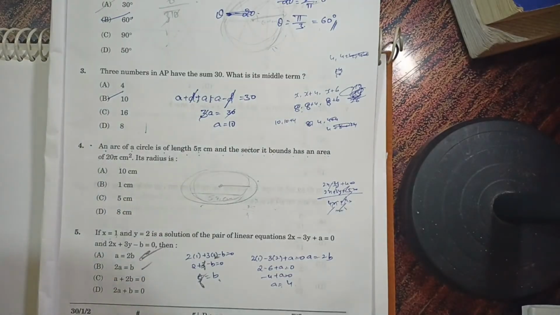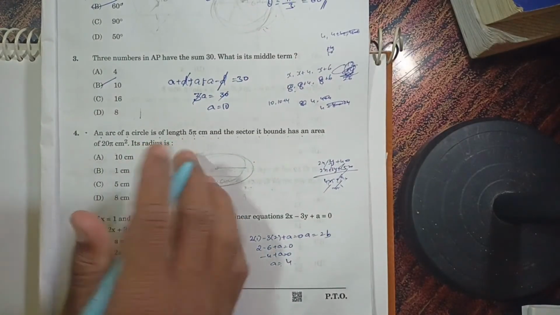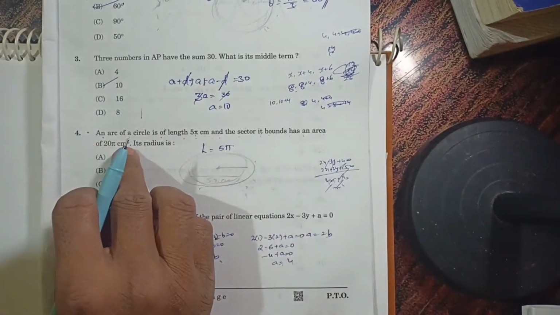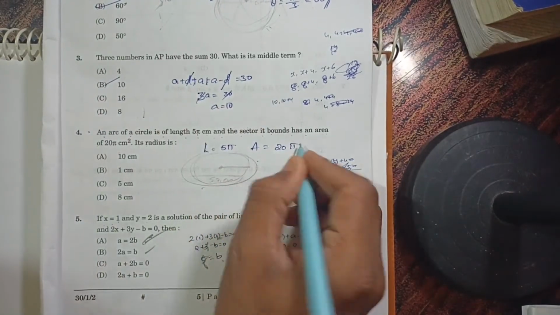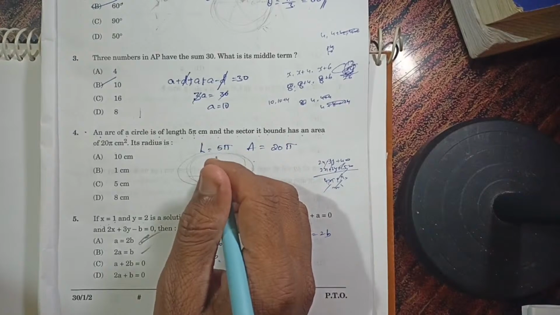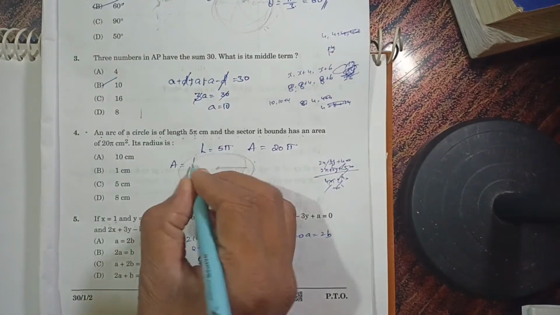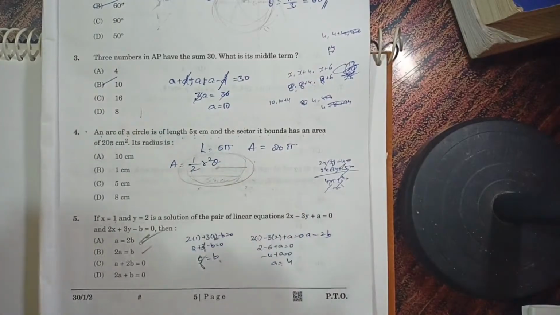So the length is given as 5 pi and the area is given as 20 pi. So first we have to find out the angle value. Area is equal to half r square into the angle.